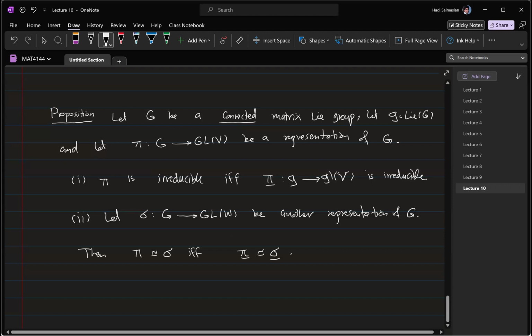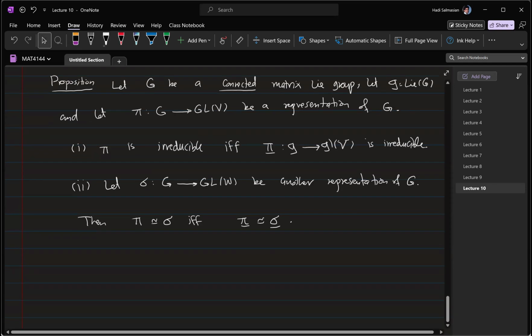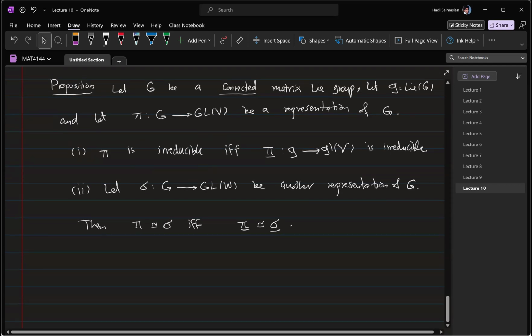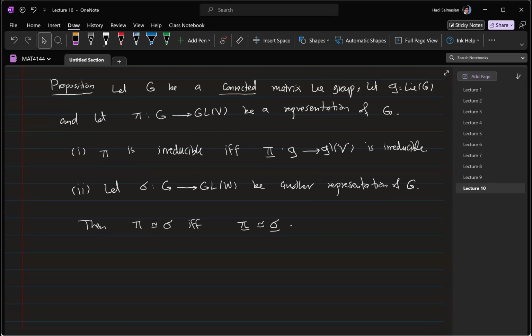So to understand representations of a connected Lie group up to isomorphism, it suffices to understand the representations of the Lie algebra up to isomorphism. So this basically reduces a lot of questions about Lie group representations to linear algebra.